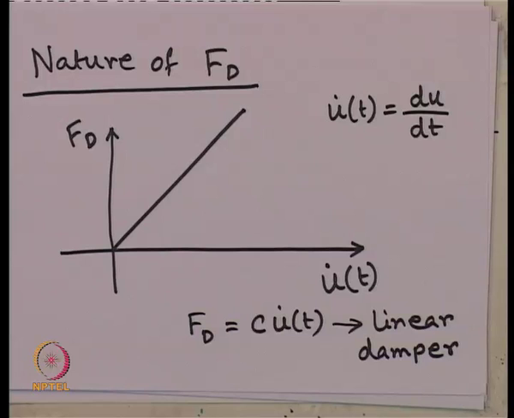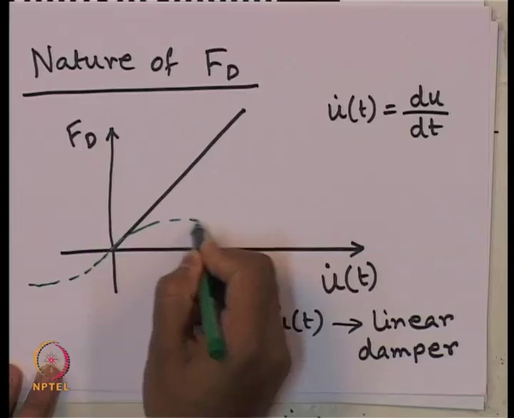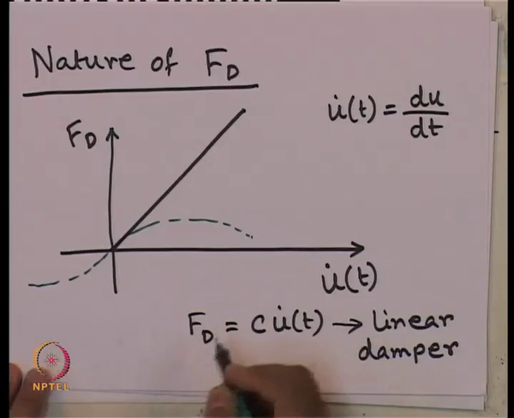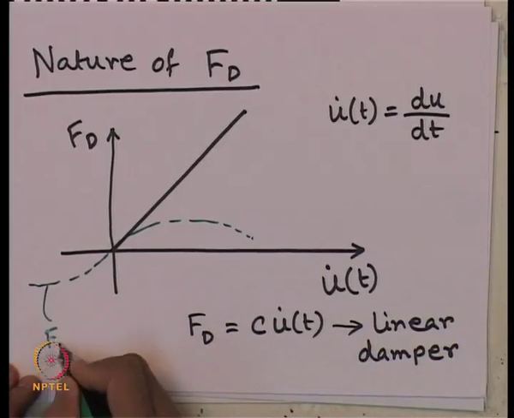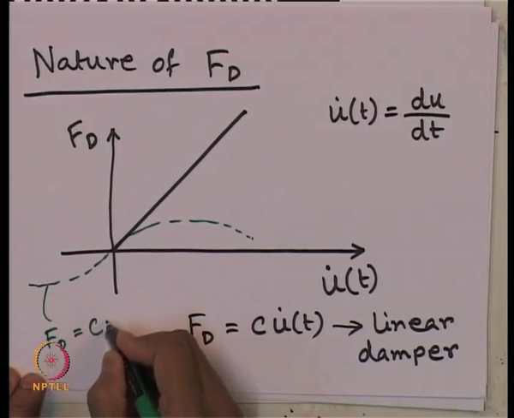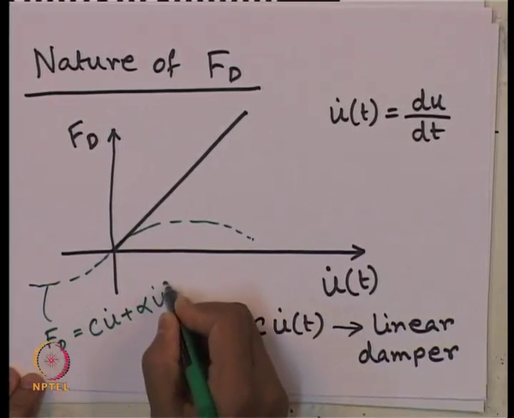But there may be several other variations of F of d with respect to u dot, say some nonlinear variation something like this, which is pretty common in some designs, for example, a chimney subjected to wind load. In that case, suppose F of d can have some nonlinear relationship, say c u dot plus alpha times u dot cube.